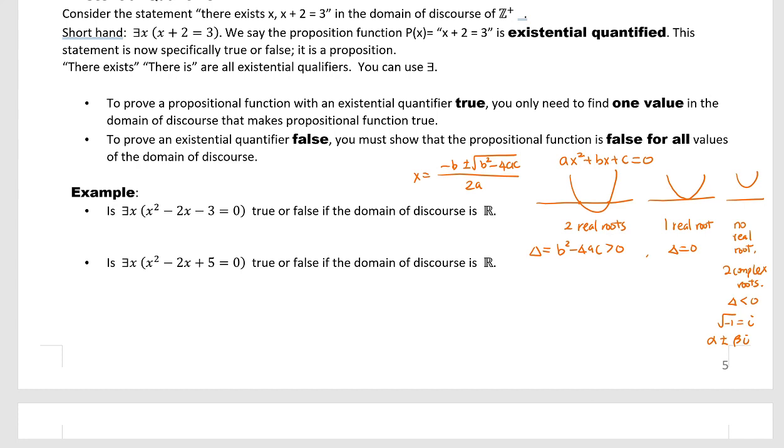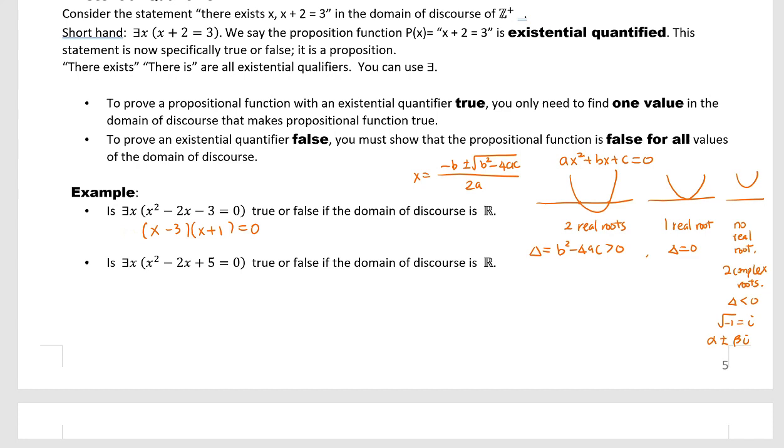Okay, now let's see. In order to see whether we have a root, we can either factor it or we can find the discriminant. Let's try to factor it first. Maybe we can factor it. Okay, can we factor it? Yeah, negative 3 and plus 1 will do the job, right?